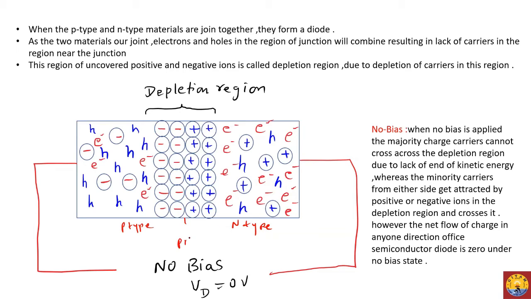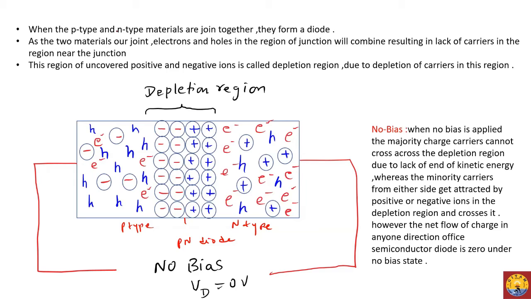In real situations, we cover half of the intrinsic semiconductor and dope the other half with pentavalent atoms, so that forms the n-type. Then you cover the pentavalent side and dope the remaining side with trivalent atoms, so that forms the p-type. That's how a diode is formed in a real situation.